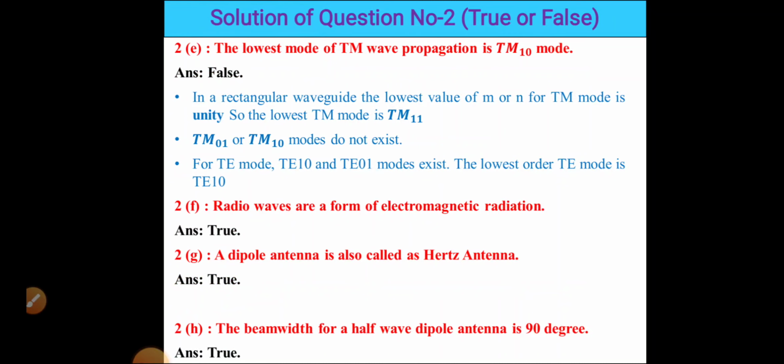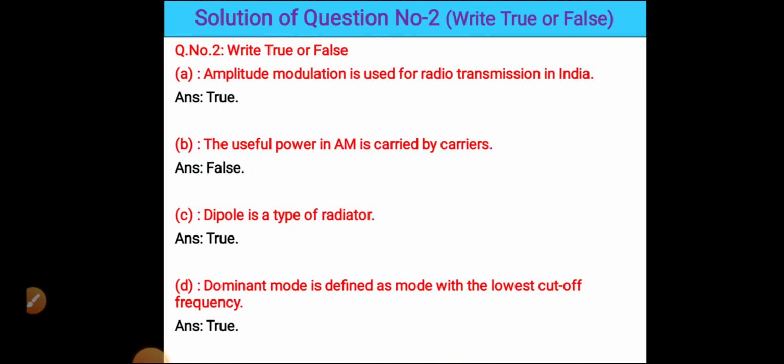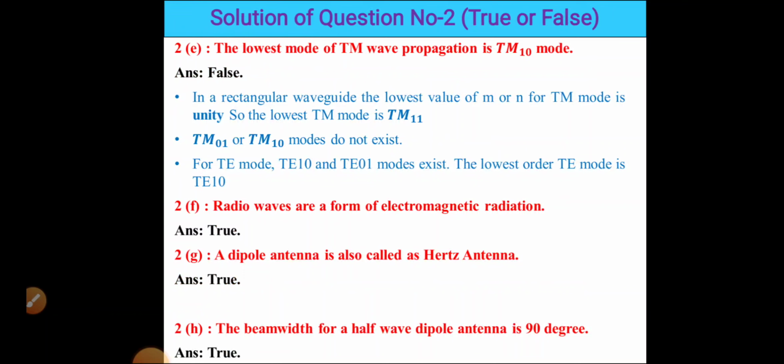The lowest mode of TM waves propagate in TM modes. So this answer is false, because in TM modes there is only one mode, that is called the TM11. That means TM mode is unity, and it is represented as TM11. TM01 and TM10 do not exist in TM modes.